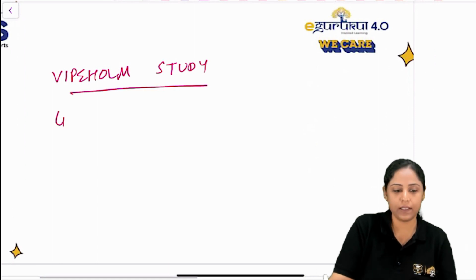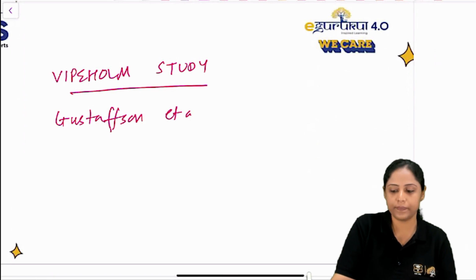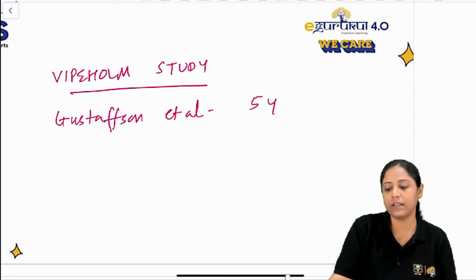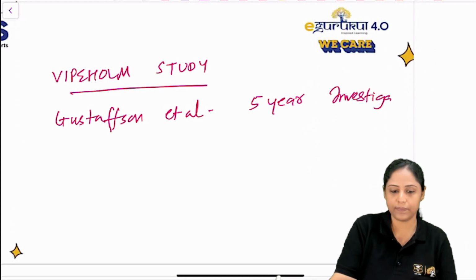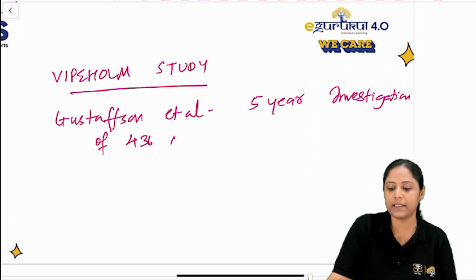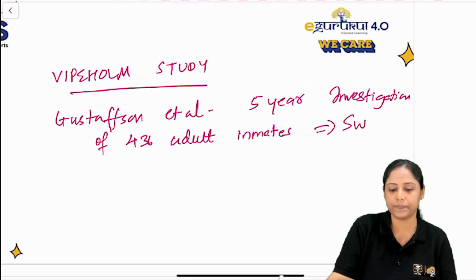described by Gustafsson et al. It was a 5-year investigation of 436 adult inmates of Vipeholm Hospital. This was in Sweden, in an institution for the mentally challenged.